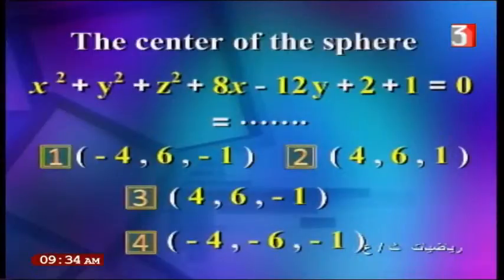Before we choose the correct answer, my dear student, what is the center of a sphere whose equation is general? We know that the center of a sphere is negative half the coefficient of x, negative half the coefficient of y, negative half the coefficient of z. Or someone says the coefficient of x divided by negative 2, the coefficient of y divided by negative 2, the coefficient of z divided by negative 2. This is correct also.